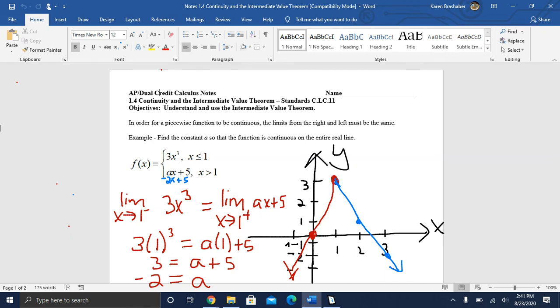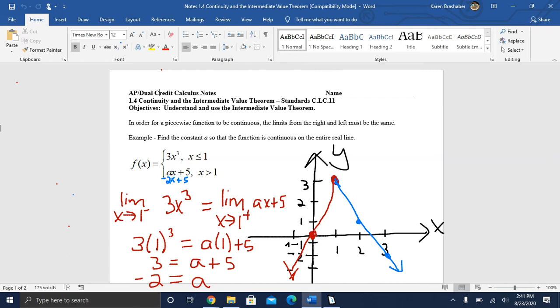So we have continuity because the limit exists and the function value is defined at 1, and the limit equals the function value of 3. So when x is 1, the limit is 3, and the function value is 3.